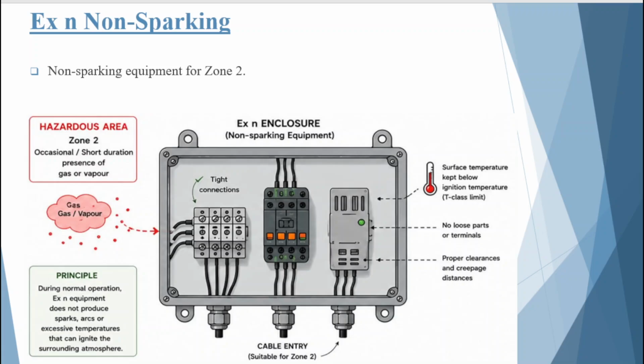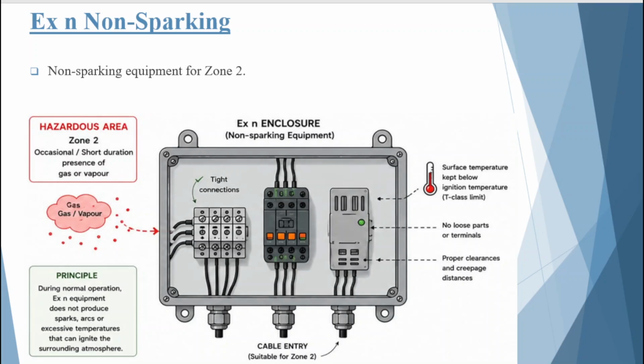Typical applications include lighting fixtures, terminal boxes, junction boxes, control stations, and certain types of electrical motors installed in Zone 2 locations. However, XN equipment must not be used in Zone 0 or Zone 1, where a flammable atmosphere is present continuously or is likely to occur during normal operation.